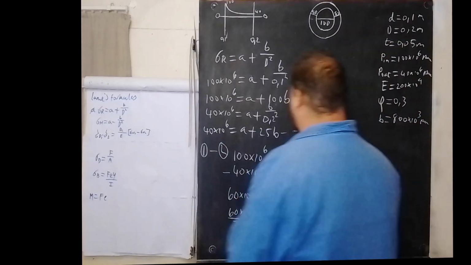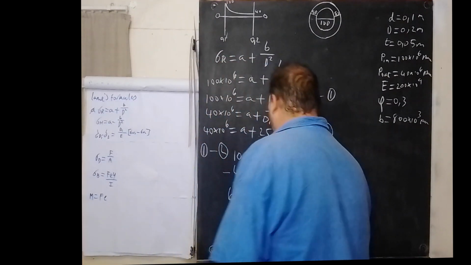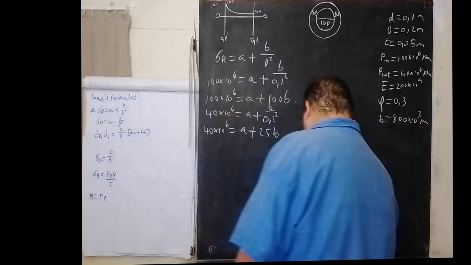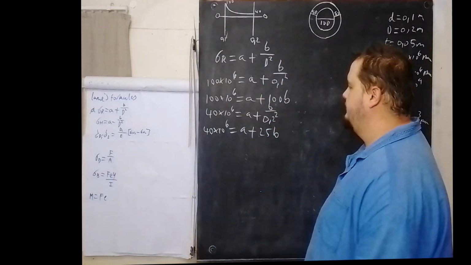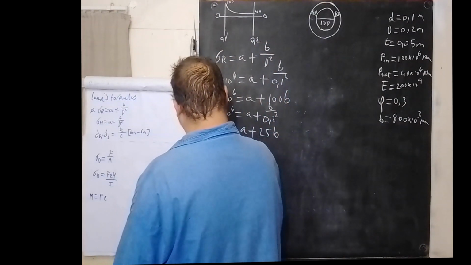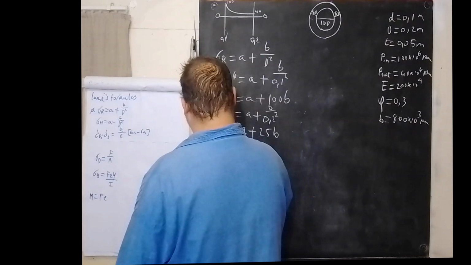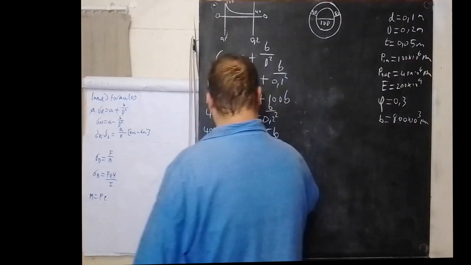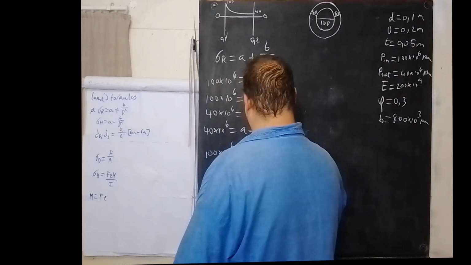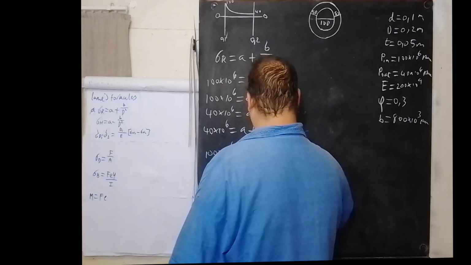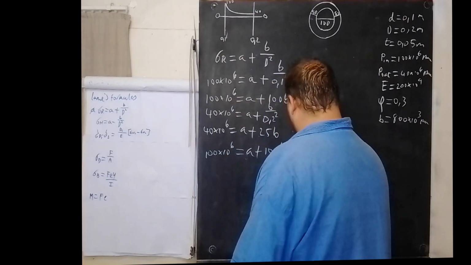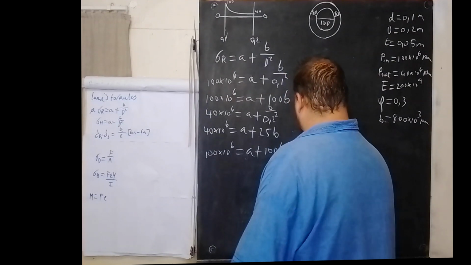Now to get our A, we can take either sum and just stick it in. So let's stick it in with 100 because that'll be easier. So 100 times 10 to the 6 equals A plus 100 times 800 times 10 to the 3.